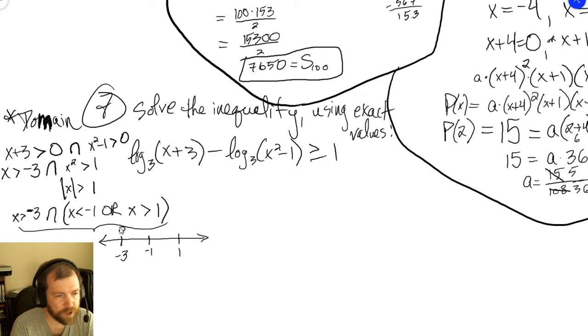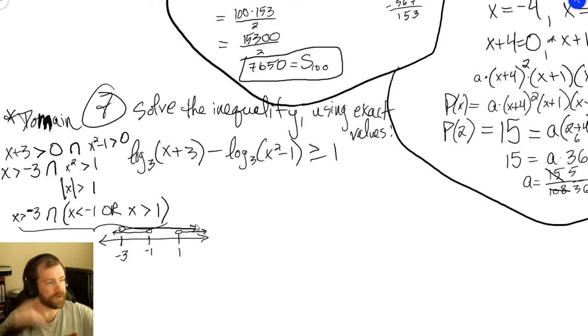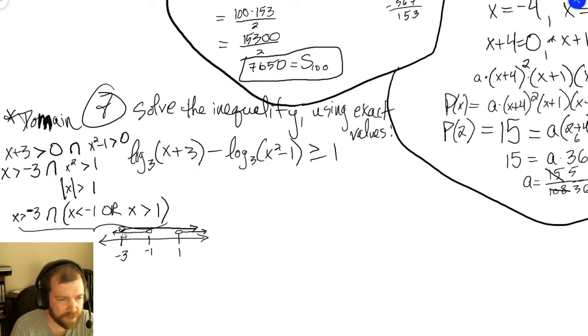So x must be greater than negative 3, and either x must be less than negative 1 or greater than positive 1. So where do those lower ones intersect with the upper one? That's going to be this region here and this region here. From negative 3 to negative 1, and also from 1 off to infinity.